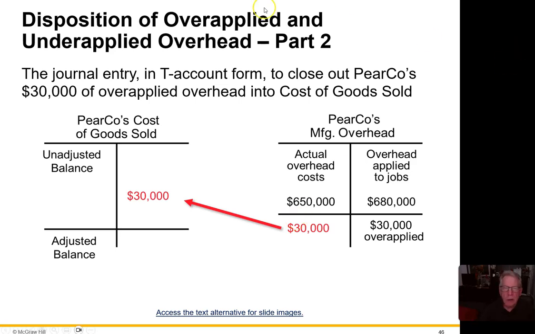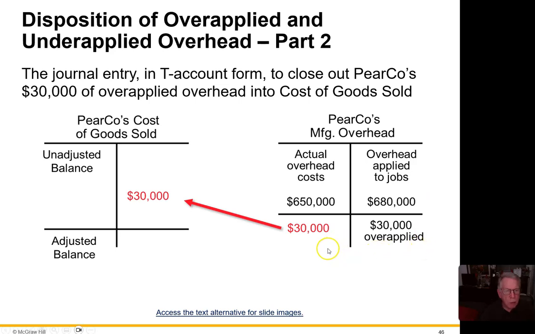All right, so let's look at this. Here, the journal entry and T account, here's their cost of goods sold, and the manufacturing overhead account. You can see here the actual overhead costs were the debits, and the applied was the credits.